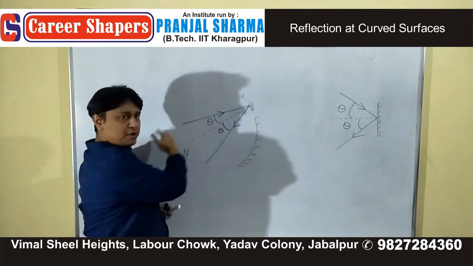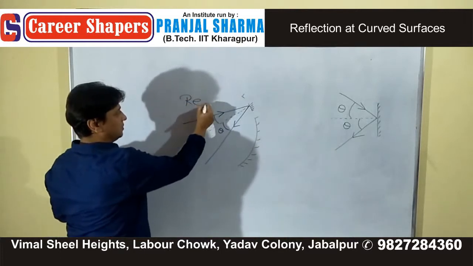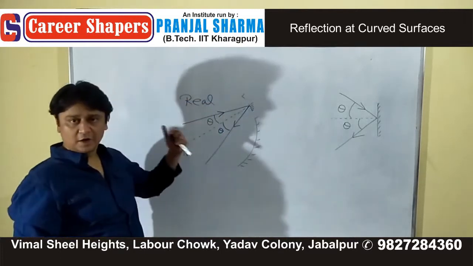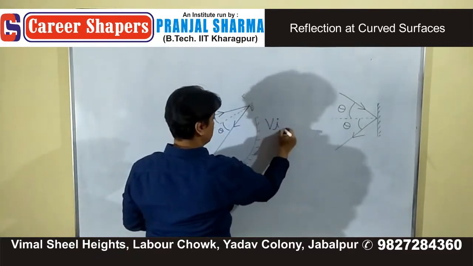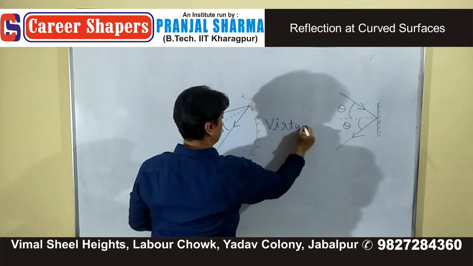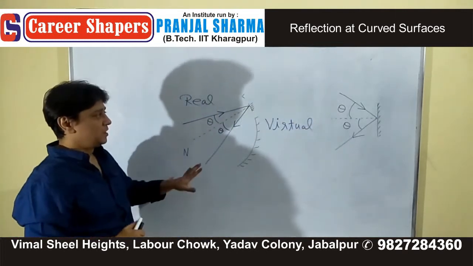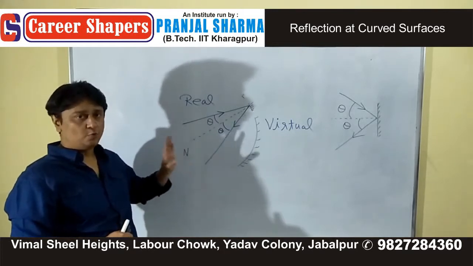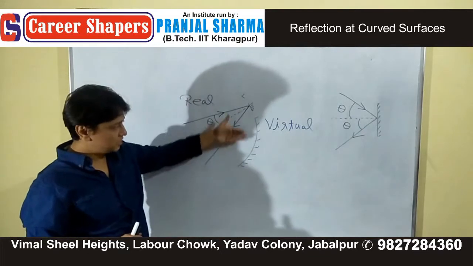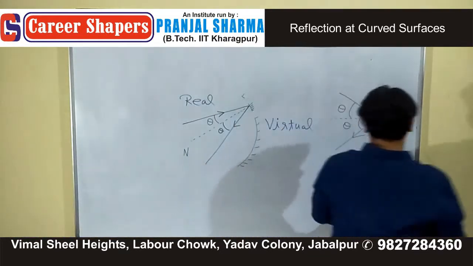Anything in front of the mirror is real. And if you form things behind the mirror, then they are virtual. That means the only thing is that spatial part which happens because of the curvature of the mirror, we are interested in that part.